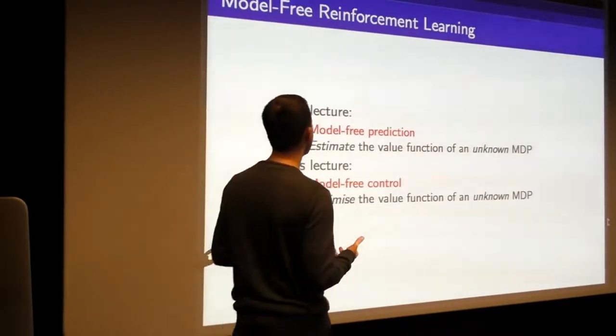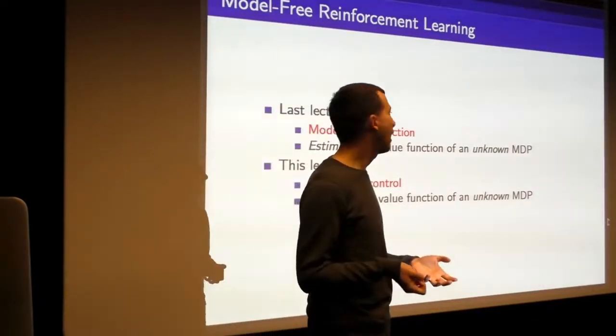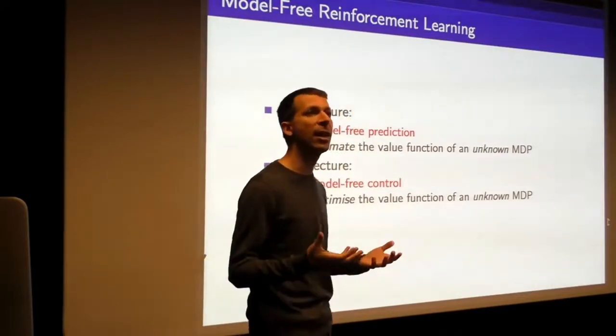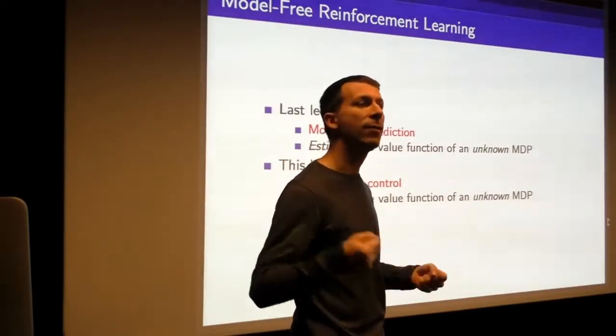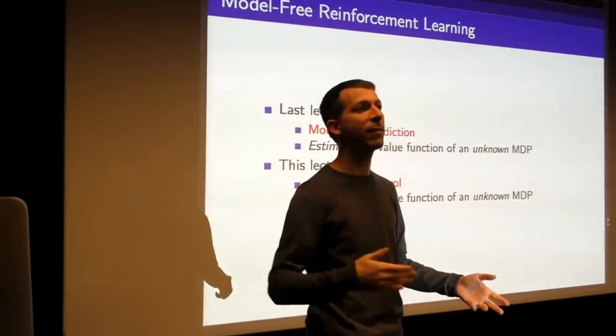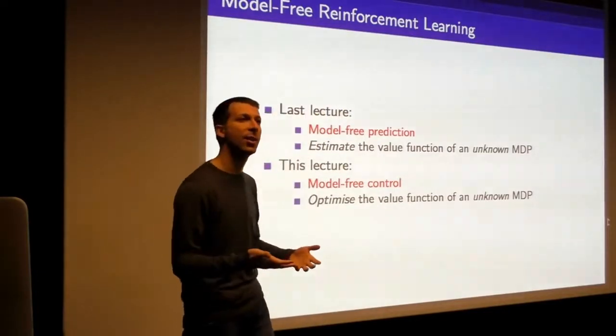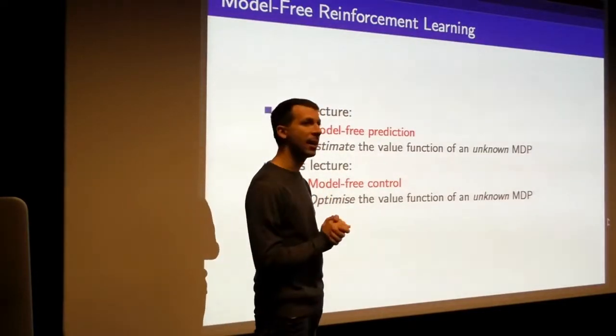So how are we going to do that? Well, last lecture, we basically built up the toolkit that we're going to need. We saw how to do model-free prediction, how to evaluate a given policy. If you drop your robot into a given MDP and you ask it how much reward it will get if it follows a particular behavior, last time we saw how to do that using Monte Carlo evaluation and temporal difference learning.